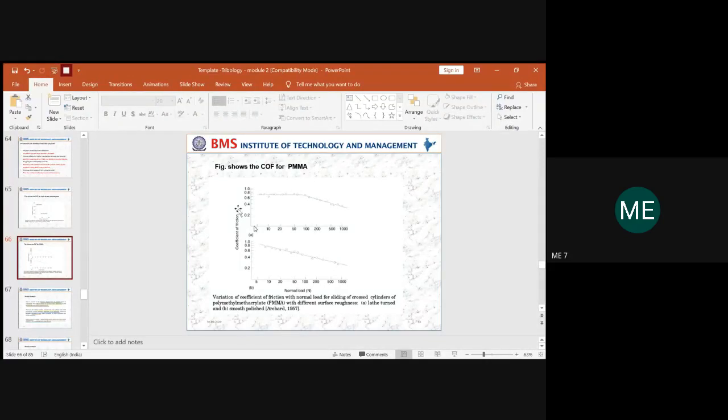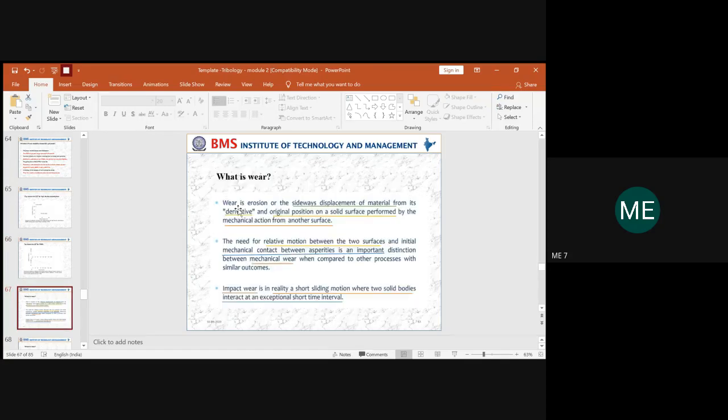From the next slide, we will be dealing with wear. We spoke about the concept of wear during the deformation theory, right? In deformation theory, ploughing came into the picture. Ploughing is a part of wear terminology, which results in deformation when you have mating components of two different materials.